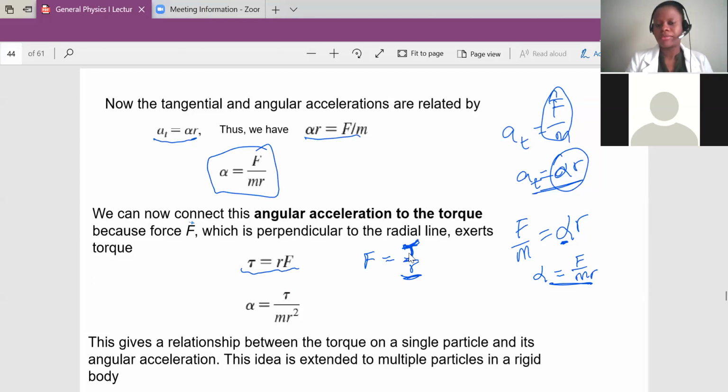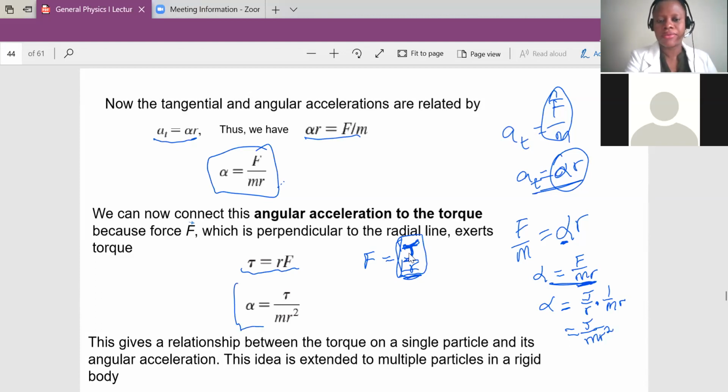We can substitute this into this equation, which is this one. So put F here, you see F, put this. Putting F there, we'll see that angular acceleration is equal to tau over r, and there's mr here, which will now give you tau over mr squared.